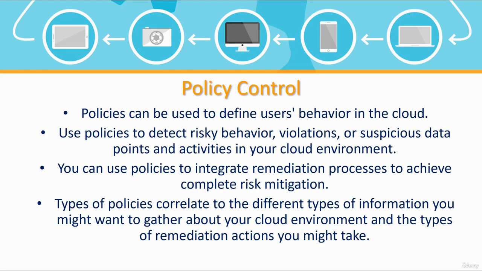So speaking of policy control there, the policies can essentially prevent users from performing activities that they're not supposed to do. The policies can also detect if users are doing things like risky behavior, some kind of a violation, or if suspicious data points and activities are discovered in the environment. It can generate alerts and reporting data.